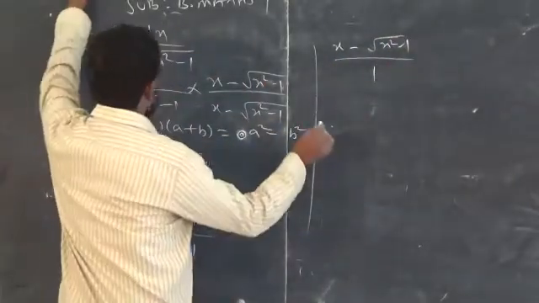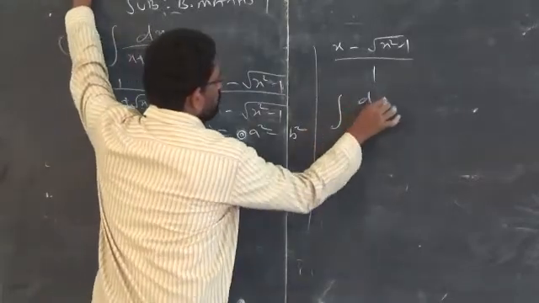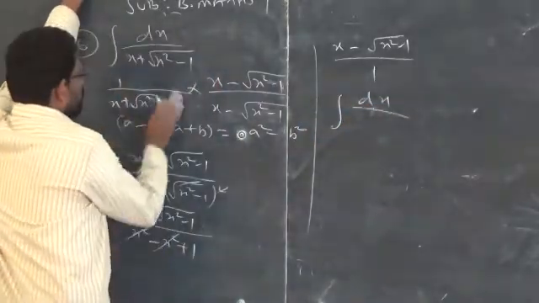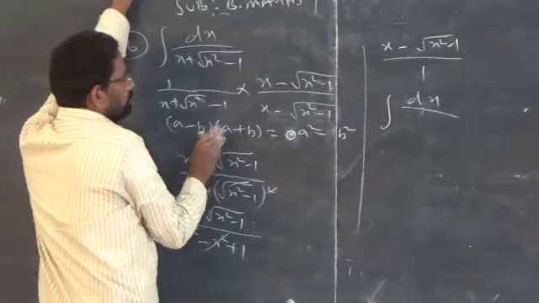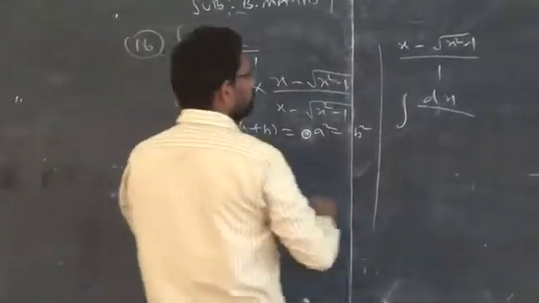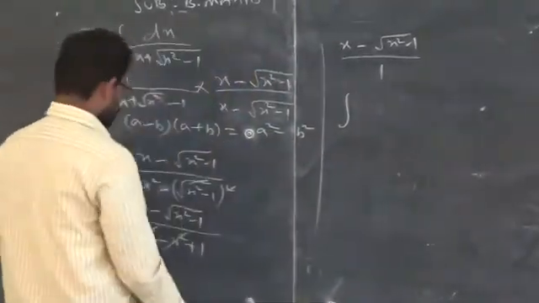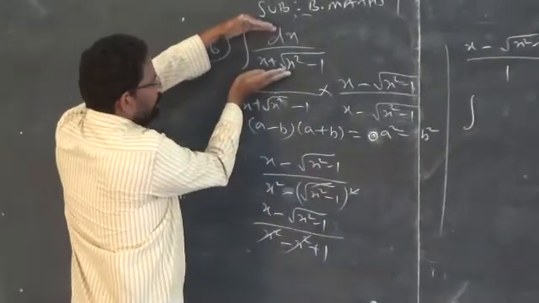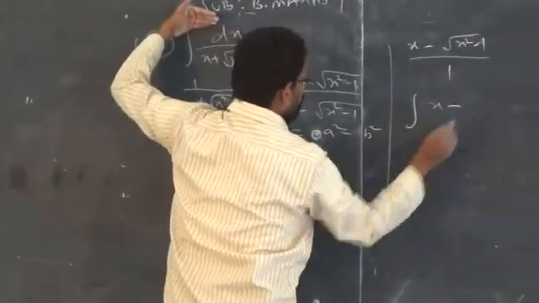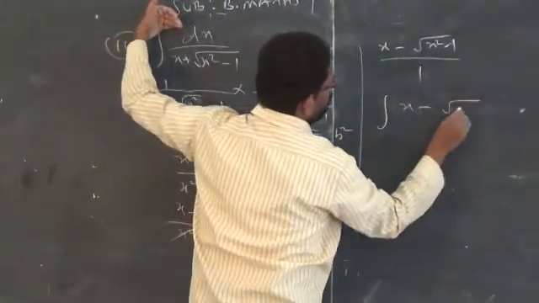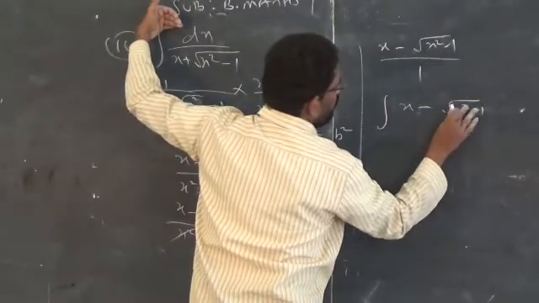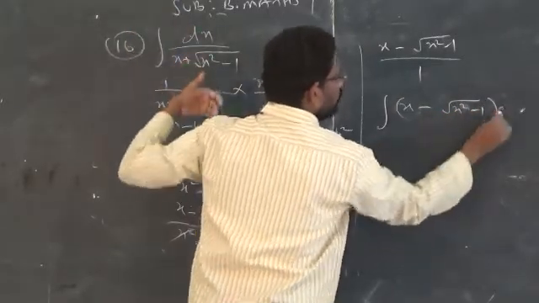So now you can rewrite dx. This term is replaced by, I simplified this one, I got only (x minus square root of x square minus 1) into dx.